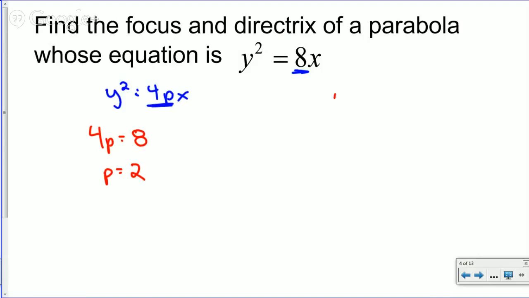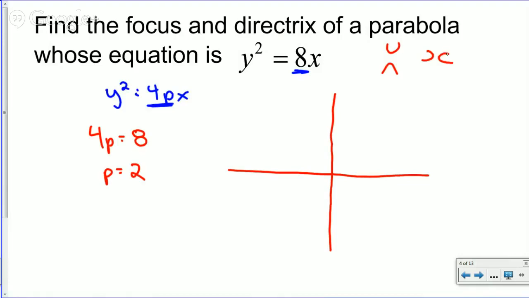So if I start graphing this out here, is it going to open up, down, or left, right? Well, because it's y squared, that tells me that we haven't really dealt with y squared yet. So it's going to open left or right because we really haven't dealt with those before. Okay, so here's my vertex.